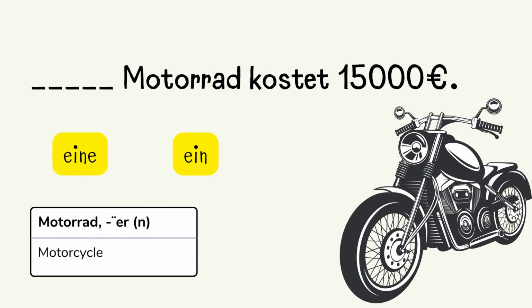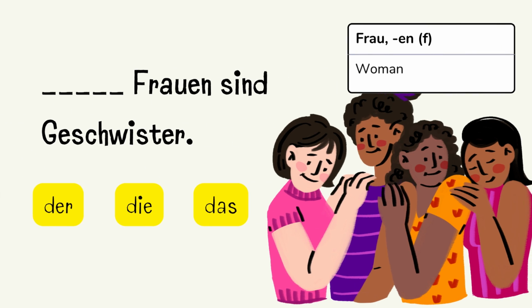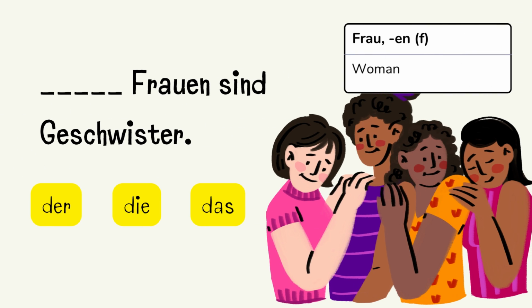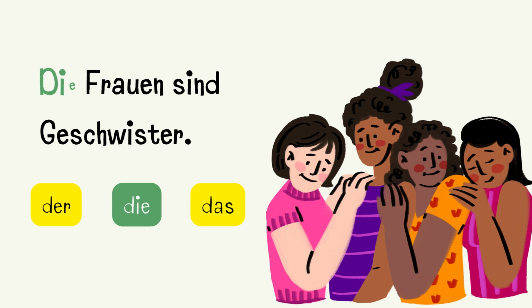The next one is richtig, ein Motorrad kostet 15.000 Euro. And the last one is richtig. Die Frauen sind Geschwister.